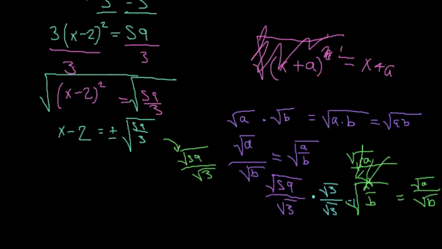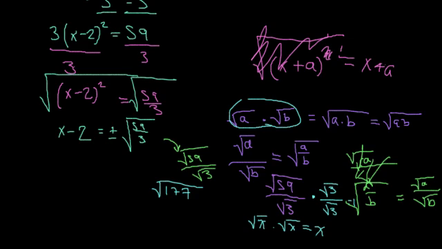So that's rad 59 times rad 3, and we can say that's the same thing as rad 59 times 3. So what is rad 59 times 3? According to my calculator, that's rad 177. What is rad 3 times rad 3? Well, the square root of x times the square root of x is equal to x. So that's just 3.